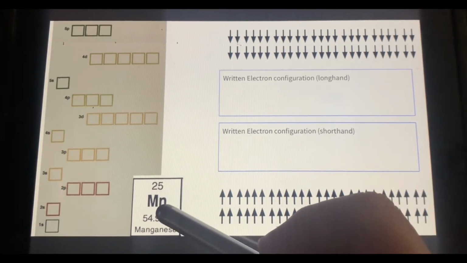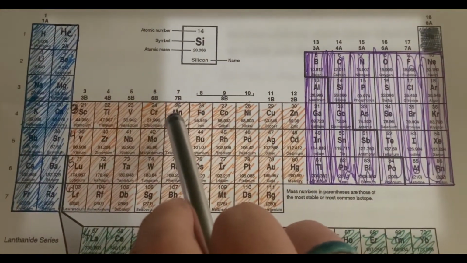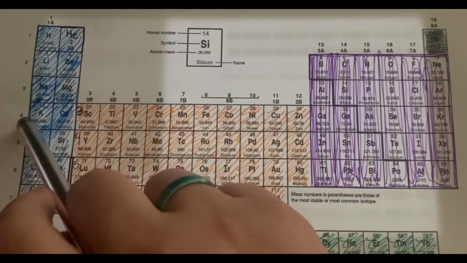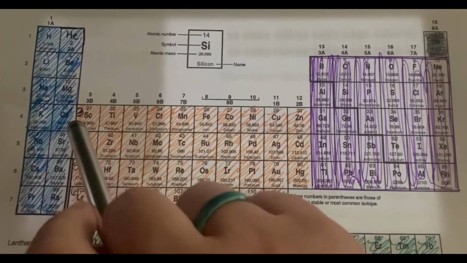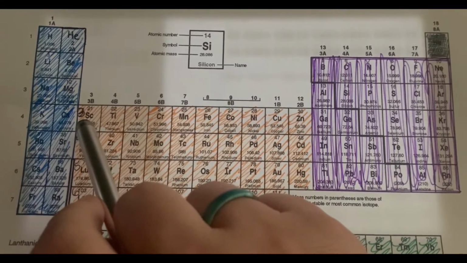So manganese is right here on my periodic table. It is on what we would consider row 4, but for the transition metals, it's row 3.